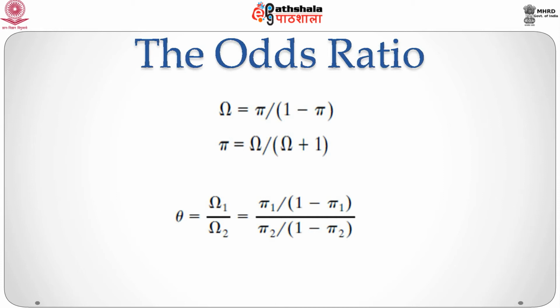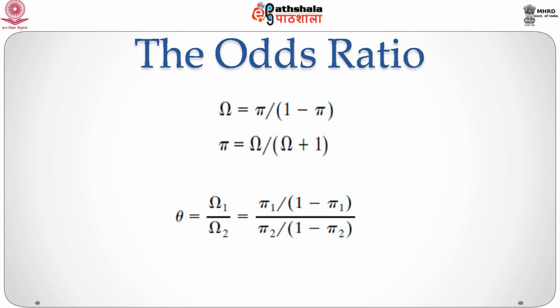I can quantify the chance of occurrence of an event by using the probability of the event. For this paper, I am going to refer to the probability of the event as a risk. But there is an alternative means of measuring the chance of occurrence of an event using something called the odds. The odds has been denoted on this slide using omega.